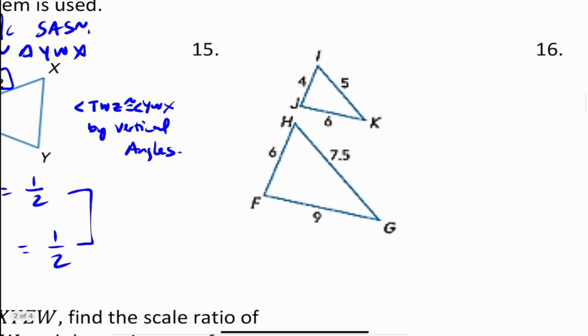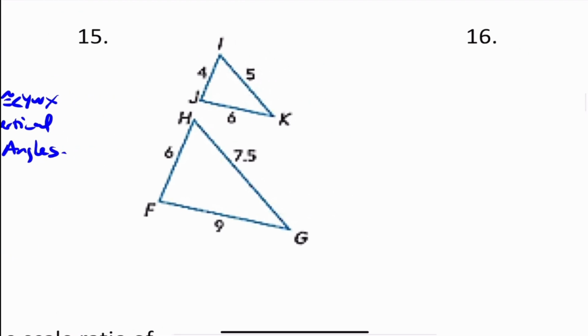Okay. All right, so let's take a look at these two figures here. I'm going to go from small to big. So IJ over HF is equal to 4 over 6, reduced to 2/3. Okay, and then let's see, IK over, so I have a 5 here.